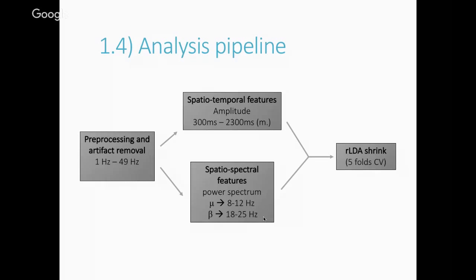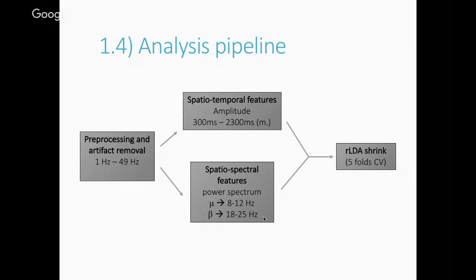Usually, the brain responses are investigated mainly in the oscillatory activity, and this is why I've integrated also the amplitude, the temporal information, to give a better improvement and a better discrimination towards the classification. And both of the features are considered also from the spatial information, considering both channels, C3 and C4.